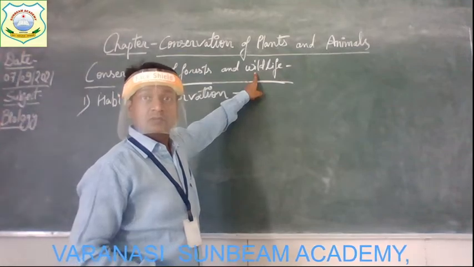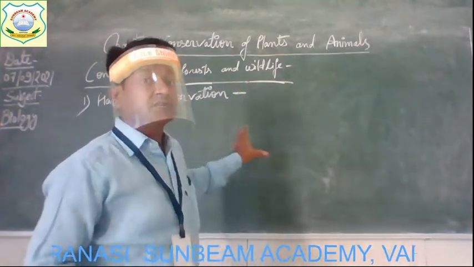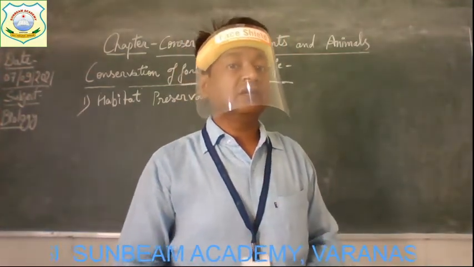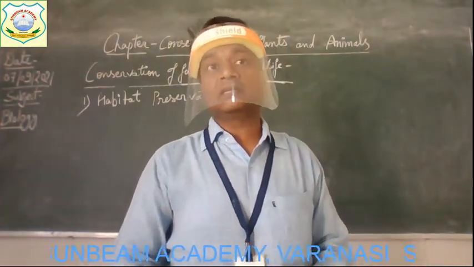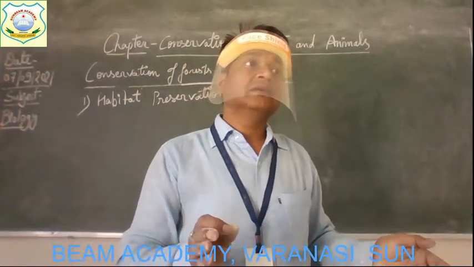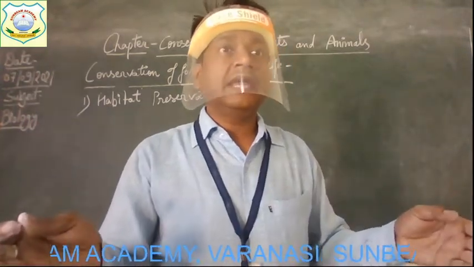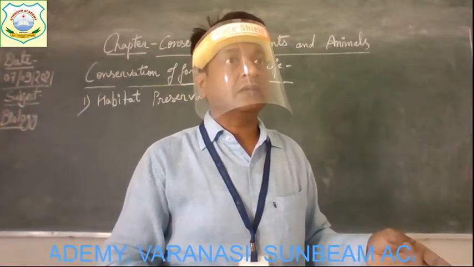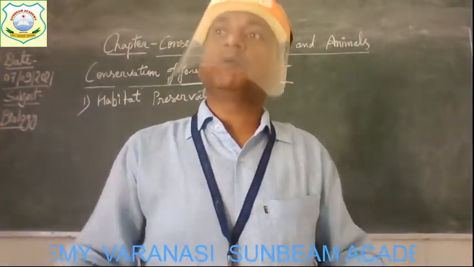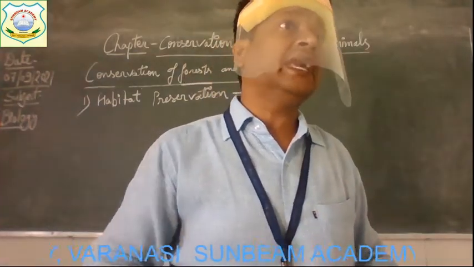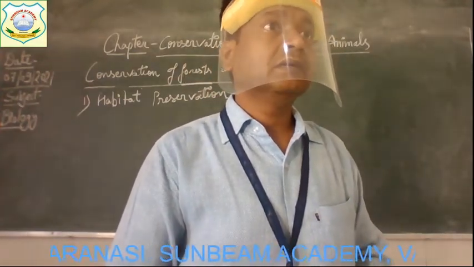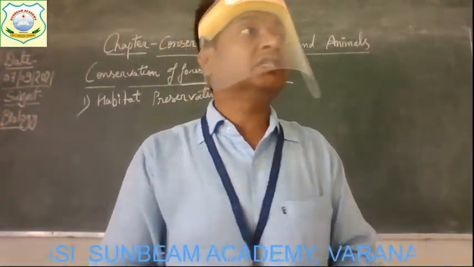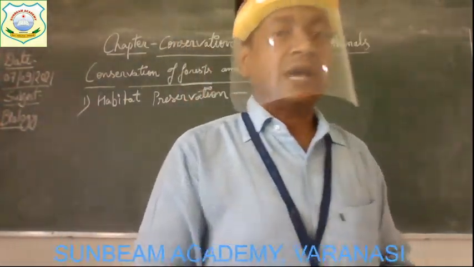Wildlife. Get it? And habitat preservation is what? It is actually preserving the habitat of wildlife, which helps in their conservation. If we protect the place where our wild animals are living, what will happen? Those animals will also get protected because they can live easily in their natural habitat. Get it? So habitat preservation is an important step by which we can protect our wildlife.